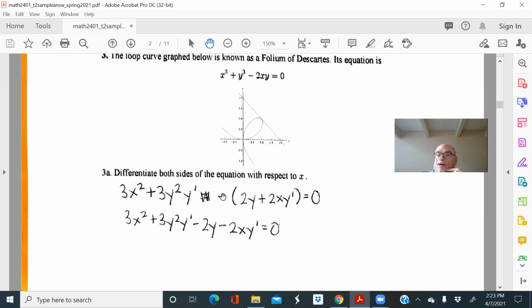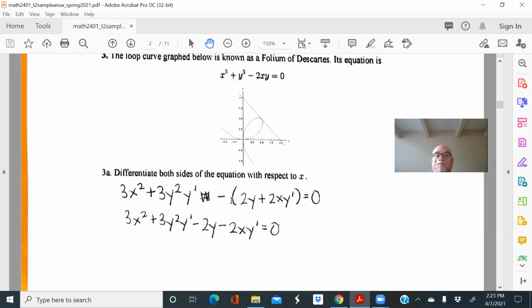So in your implicit derivative here, be sure to put minus, because this minus and this minus are the same, and then put in parentheses the derivative you got, which was 2y plus 2x y prime. Okay, so group this derivative of this term behind a minus sign to match this minus sign in the original equation.